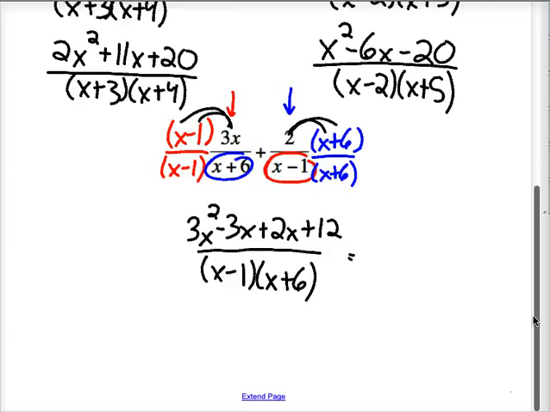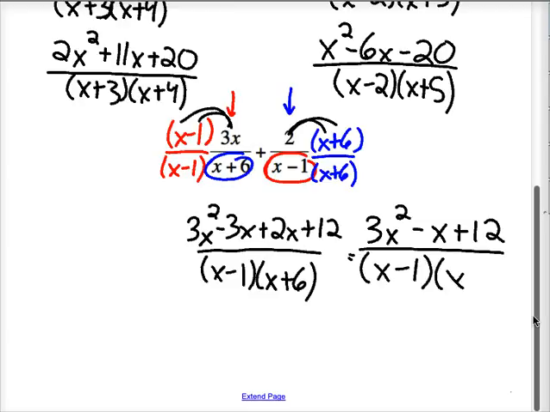So when I clean up the top, a negative 3x plus 2x is a minus x. Then again, the bottoms, don't worry about doing anything with the bottom. You already have a factored form, so you can actually just completely leave it as is. And that's going to be the end of our problem.